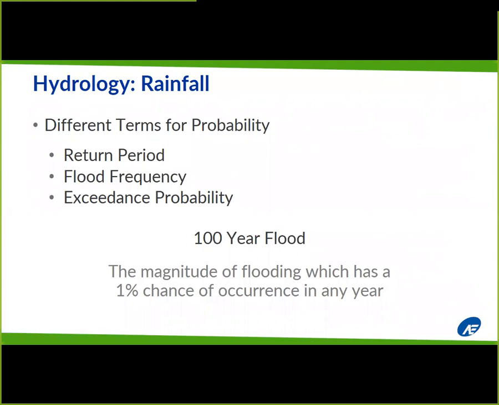So one of the key points that I'll make here is that this is an annual probability. So when you're looking at risk as a function of time or design life, it's not enough just to take the single design event and just use that, because if you're sizing a pipe for, let's say, the 100-year event, and you're hoping to survive in the ground for 100 years before it fails from a structural standpoint, not from a capacity standpoint, there's more than a 1% chance of that event happening over its design life.